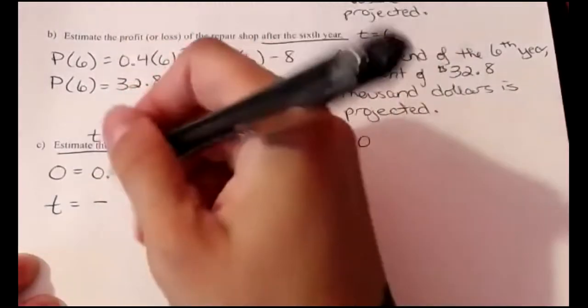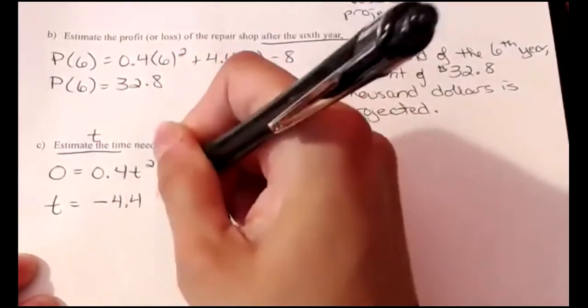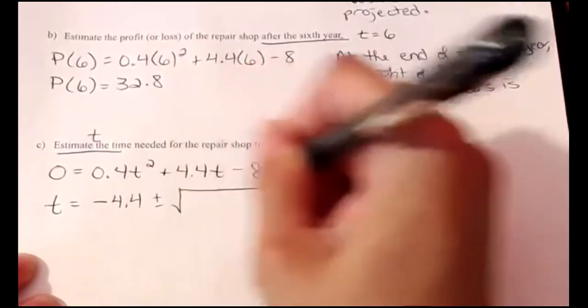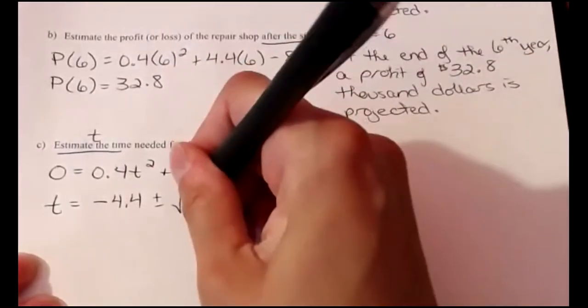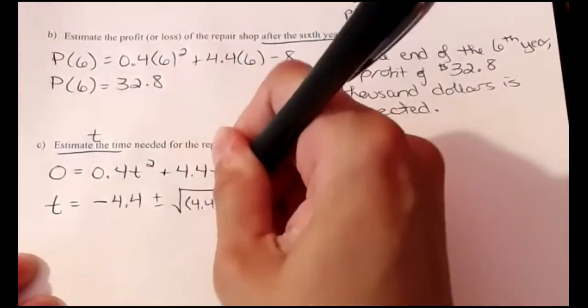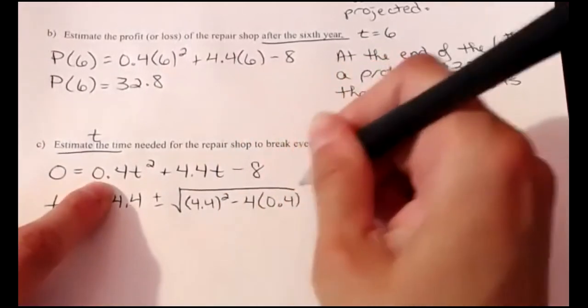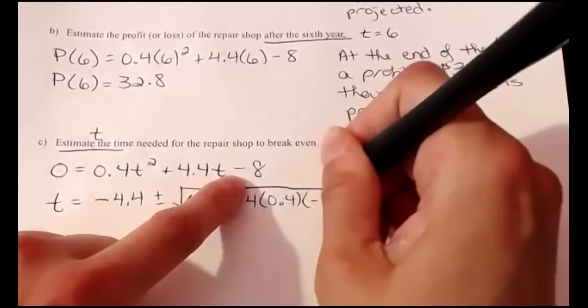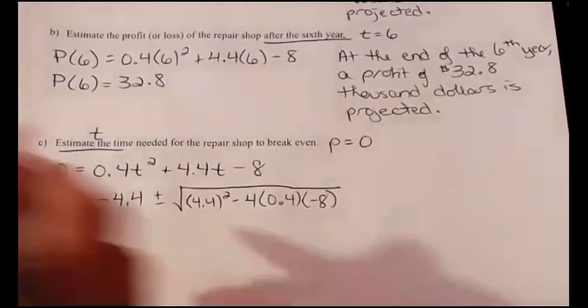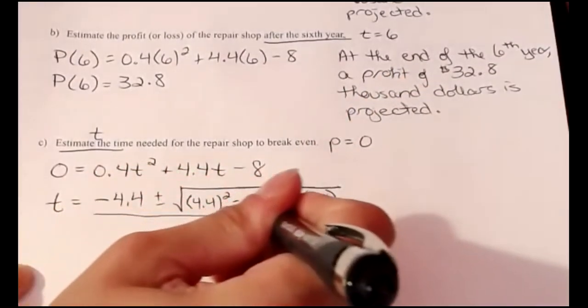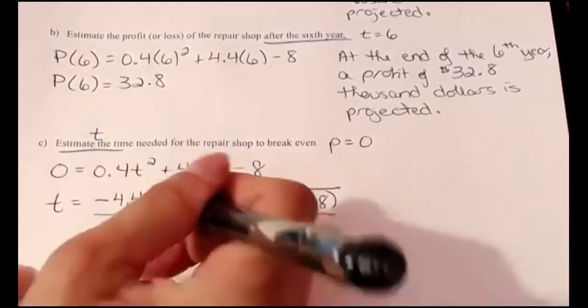So we have negative B, B is 4.4, negative B plus or minus the square root of B squared minus 4 times A times C all over 2A.